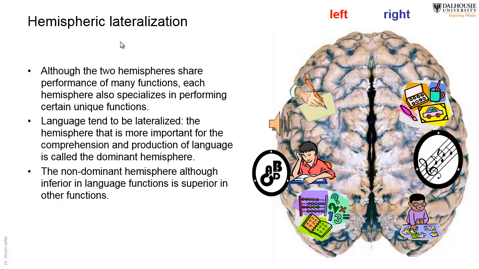It's not artistic, but it's called dominant because it contains the language areas. So these are the specific or unique functions allocated to these hemispheres. Otherwise, motor and sensory activity is present in both hemispheres, and those two hemispheres are connected with each other by commissural fibers. Remember the corpus callosum, which is the biggest bunch of these commissural fibers.